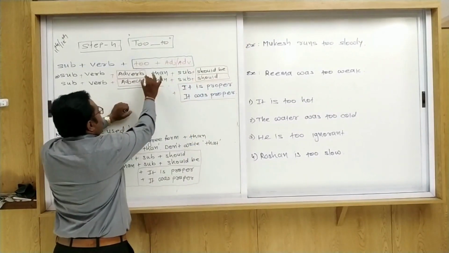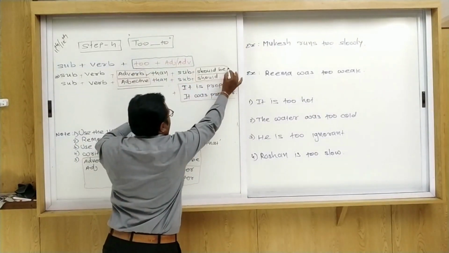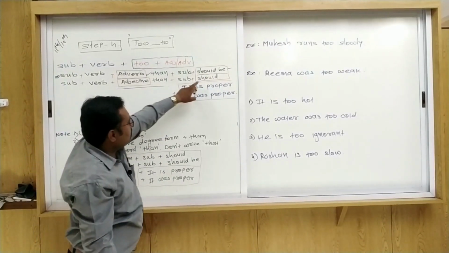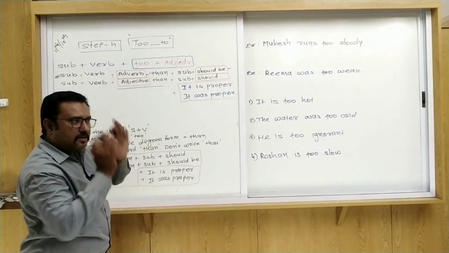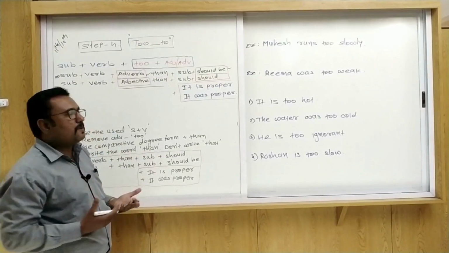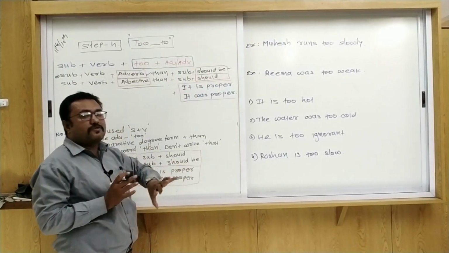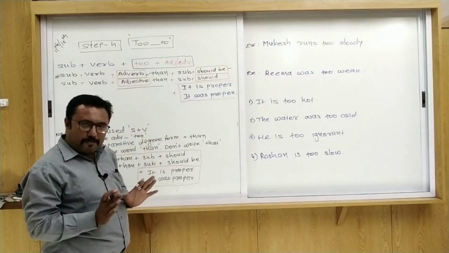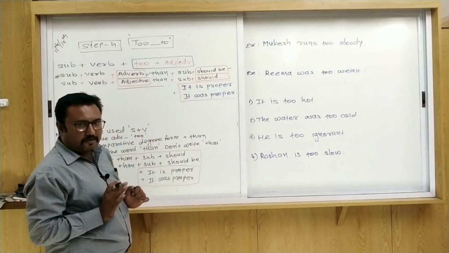If the adverb is used, we can use should be, and suppose adjective, then we use should. Suppose you are confused between should be or should, the simple way is to use whichever is proper.